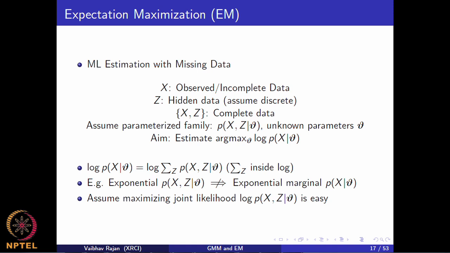That is a common trick used in many other models. And then we saw that EM is a good approach to take when the joint likelihood, the complete data likelihood, can be easily parameterized, and if we make that assumption, then we can get the marginal likelihood also.